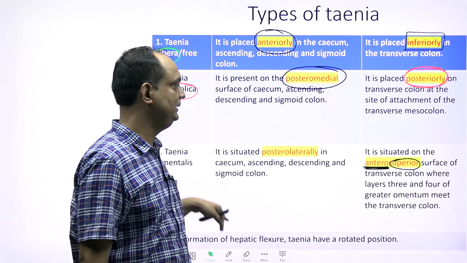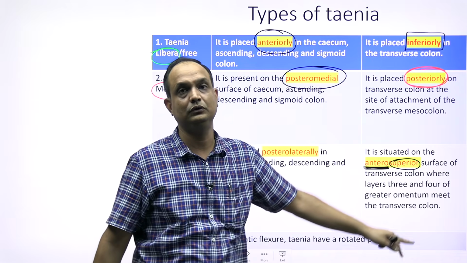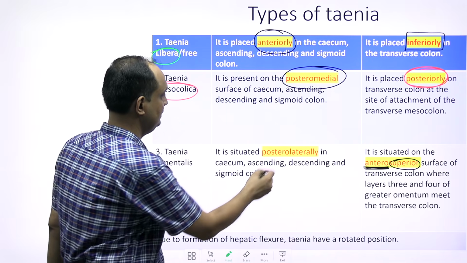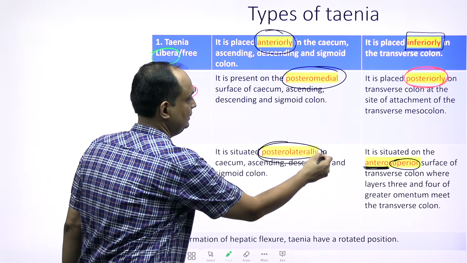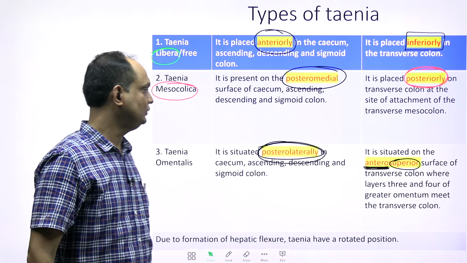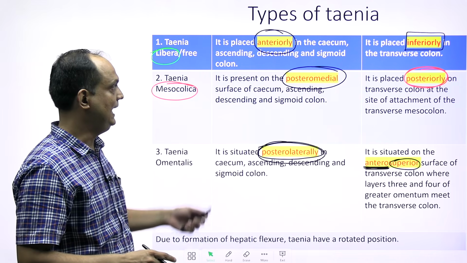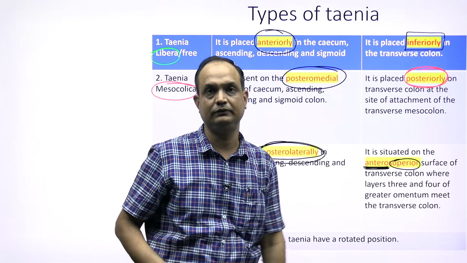While the Taeniae omentalis, which is anterosuperiorly present on the transverse colon, is actually present posterolaterally on the other parts of the large intestine. Clear? So we will first see the normal placement of these, and then you will trace it on the transverse colon.